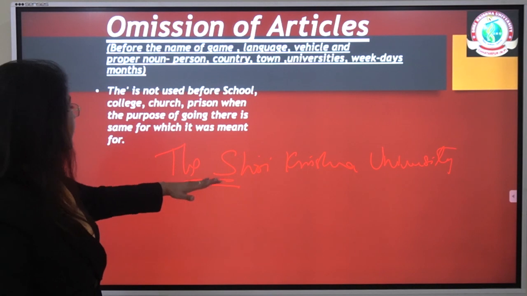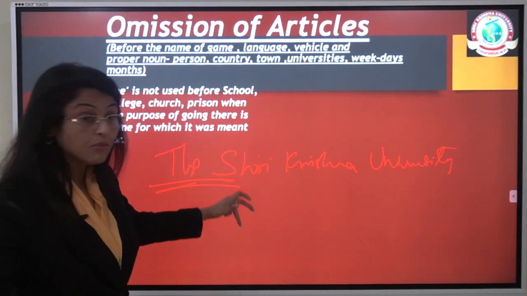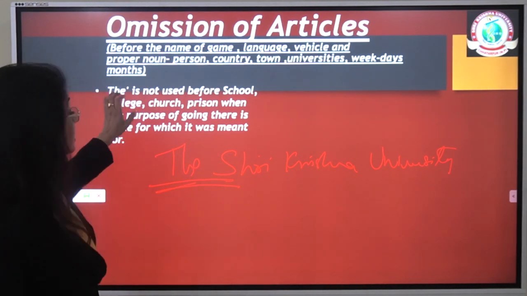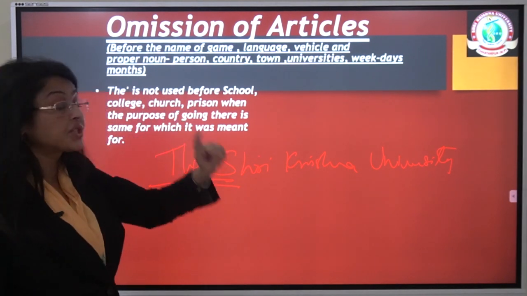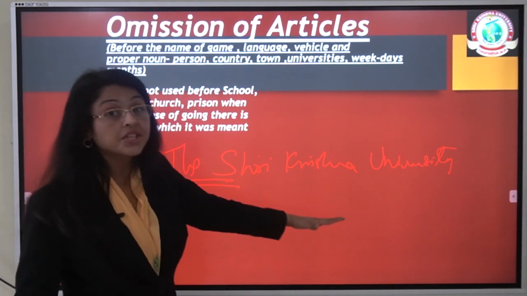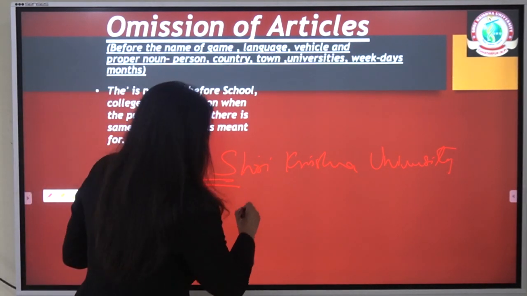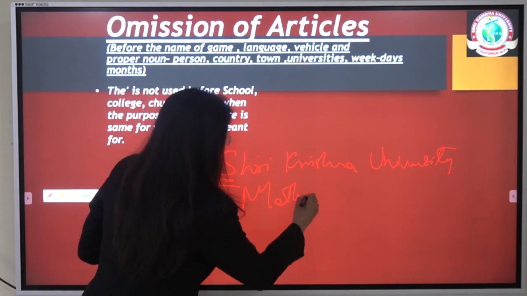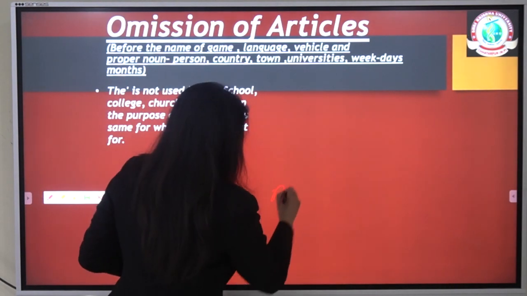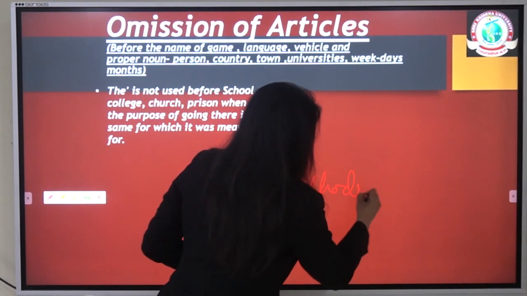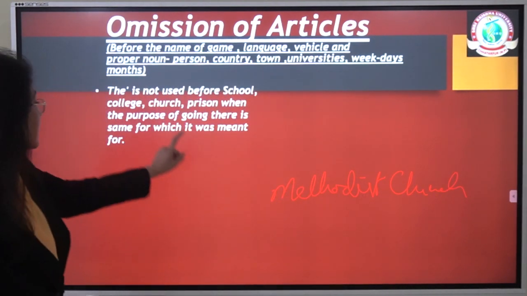Or if there is a specific name of a church, you are not adding the article the in front of that specific name. Here, the church is right, but the Methodist church is not very appropriate. You can just simply write Methodist Church. Clear? So this is one rule.